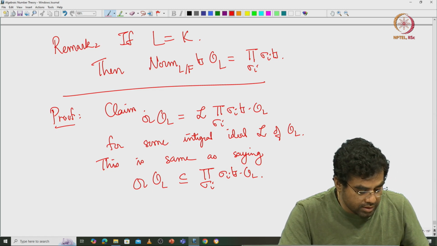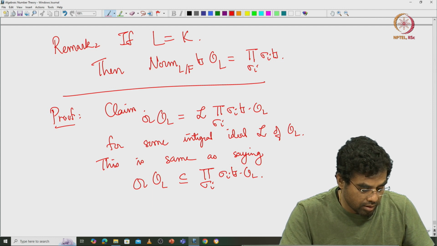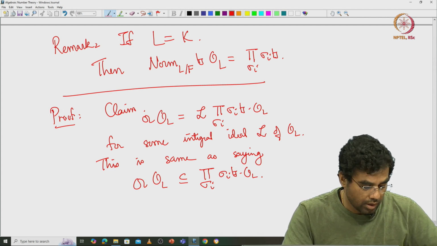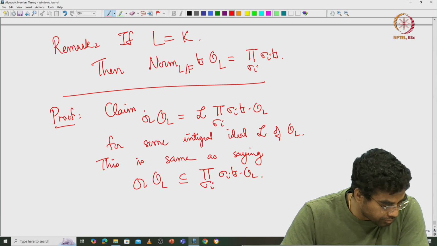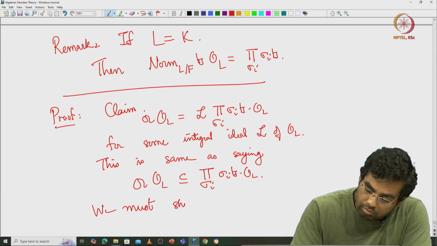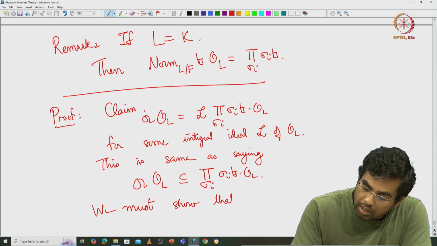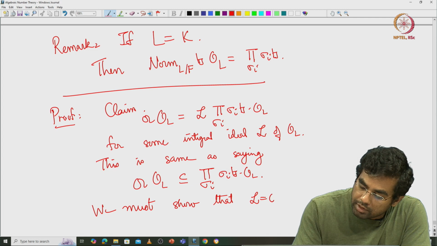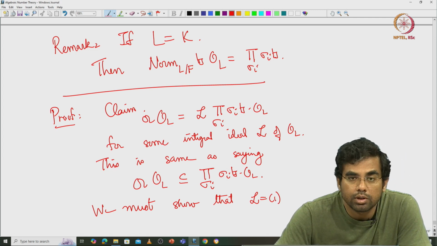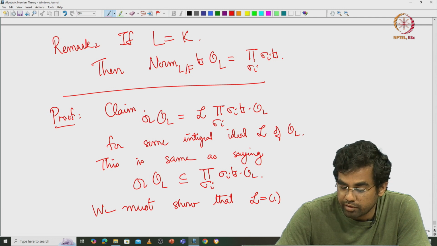So, that's one part of it. Now we must show that L is the trivial ideal. And this is a standard trick that you will learn about for showing that something is a trivial ideal.